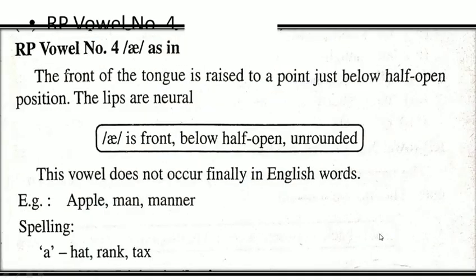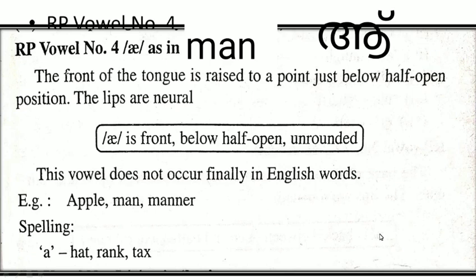RP vowel number 4, A as in man. The front of the tongue is raised to a point just below half open position. The front of the tongue is the part that is used for producing this sound. And the lips are neutral, that means lips are unrounded.